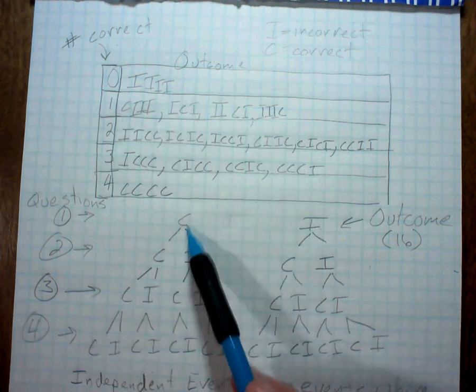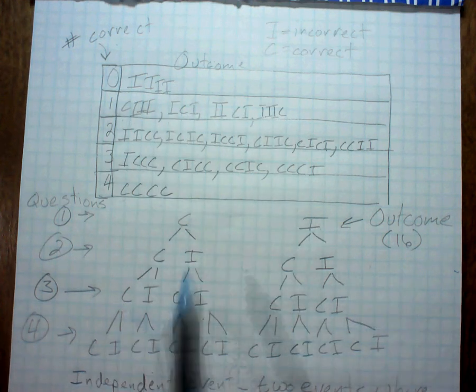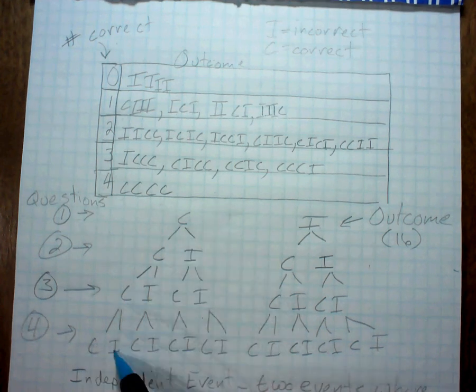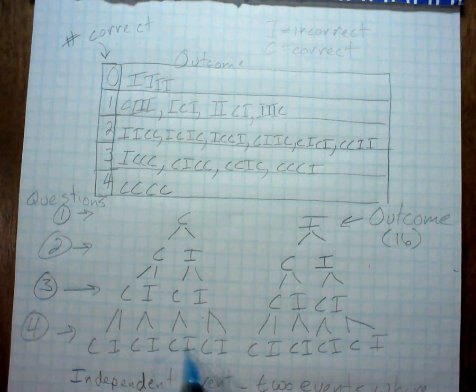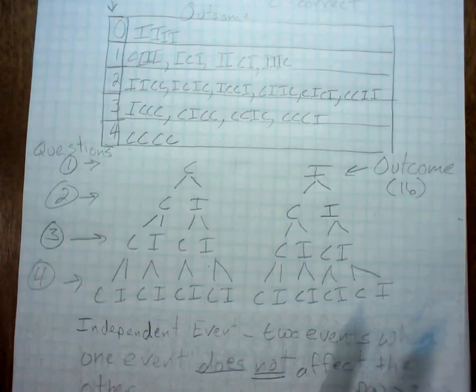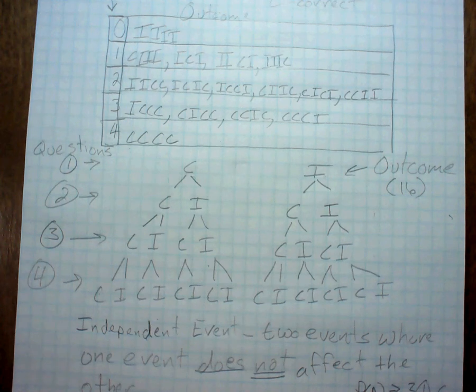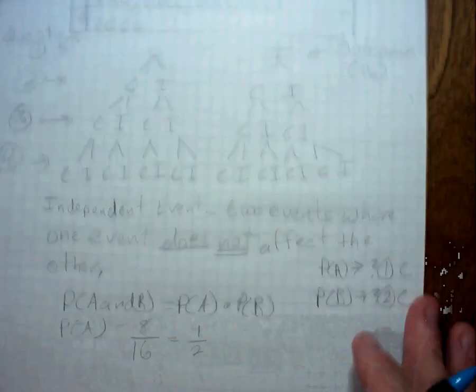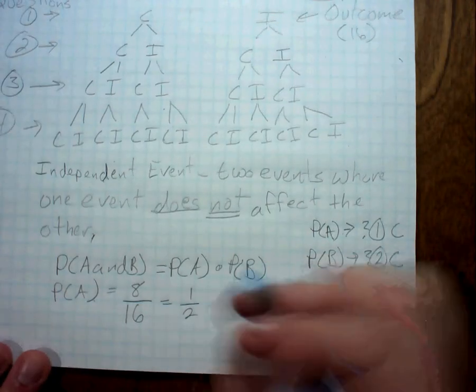If I look here, this is one possibility, this is another possibility. So I have 1, 2, 3, 4, 5, 6, 7, 8 possibilities where question 1 is correct. So that's the probability of event A occurring, which would be 1/2, because I get 8 out of 16.